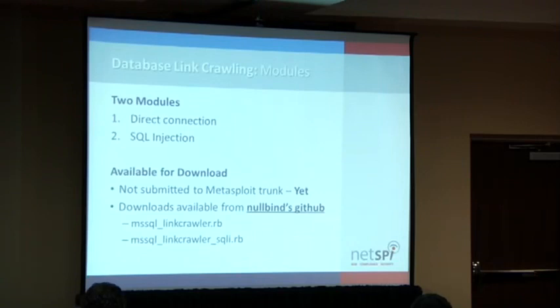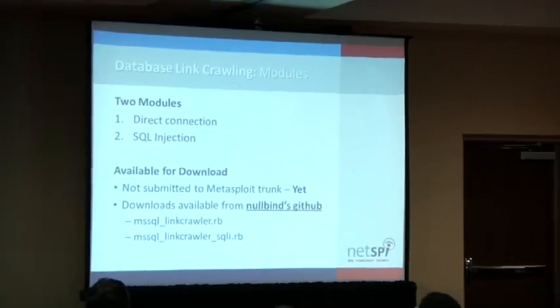It will crawl through all the links that it can find, check the permissions on all those links, and if there is a server with sysadmin privileges or a link with sysadmin privileges, it will then try to deploy a payload.